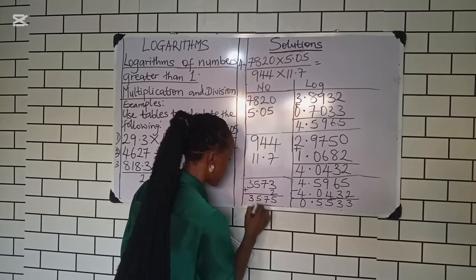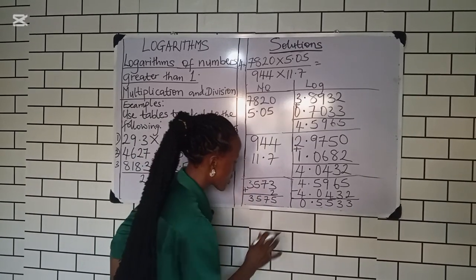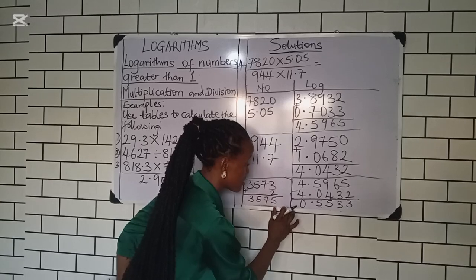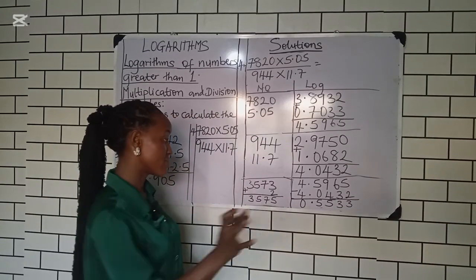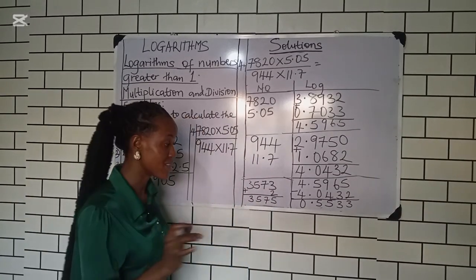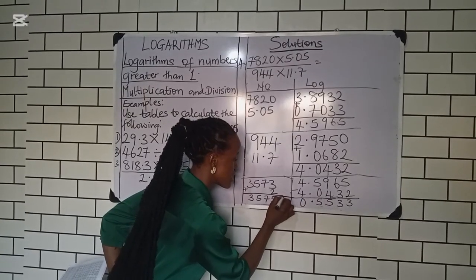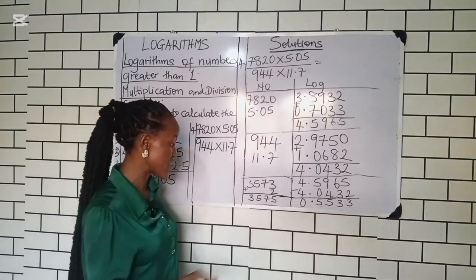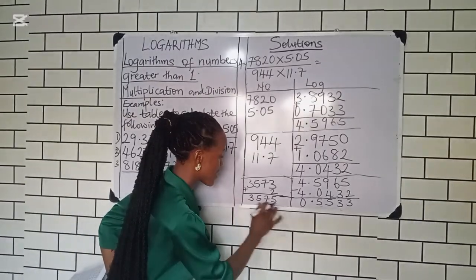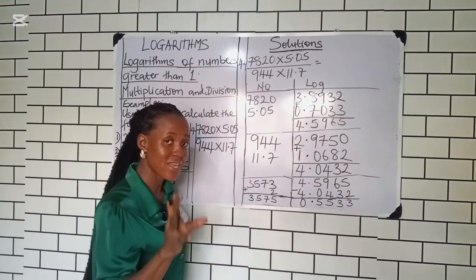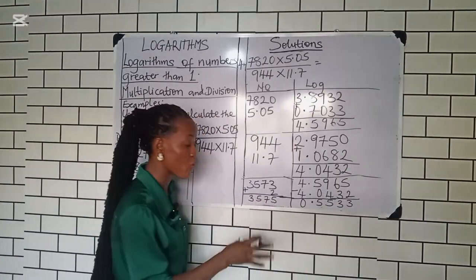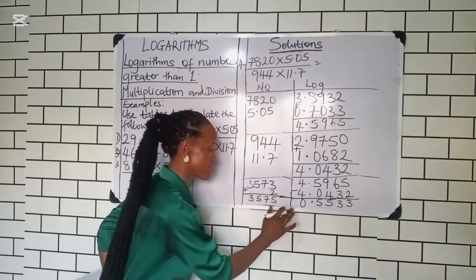Bring down 3. Now, what we have here is 0 as our characteristic part. Remember what I told you? The characteristic part determines the position of the decimal point in the anti-log side. You position the decimal point in such a way that if you write the number in standard form, the power of 10 is going to be the characteristic part.